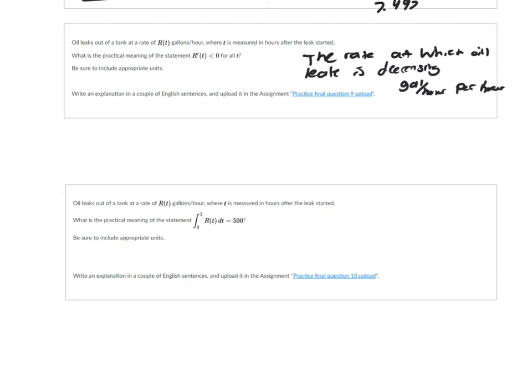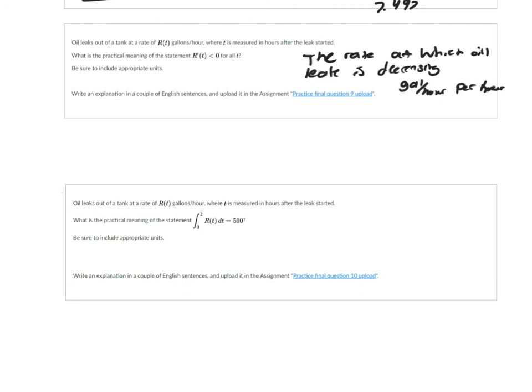So the practical meaning of this from 0 to 2 is how much oil we have from 0 to 2 hours, and the value of that would be equal to 500, right?